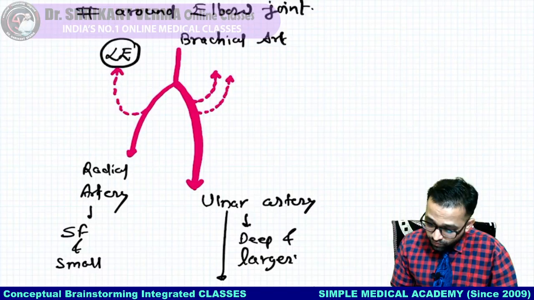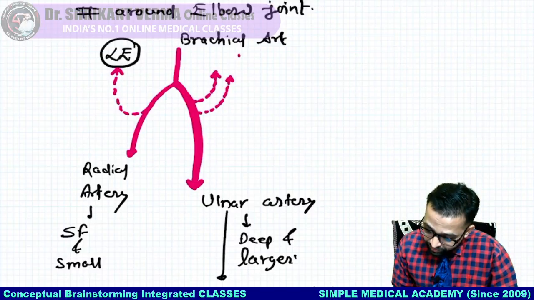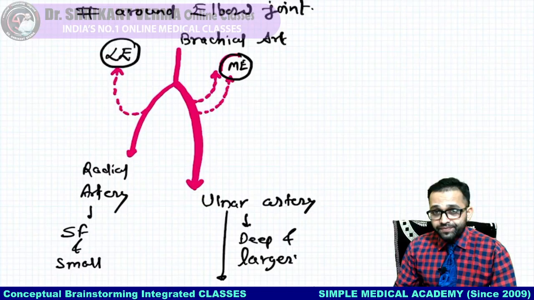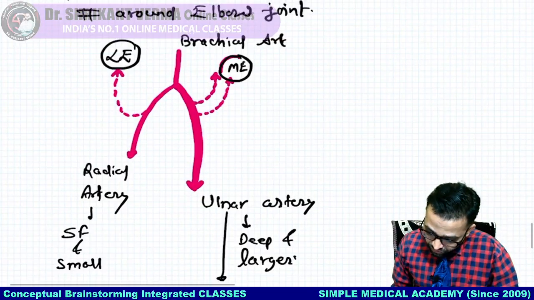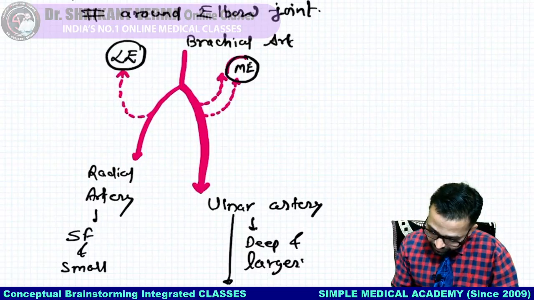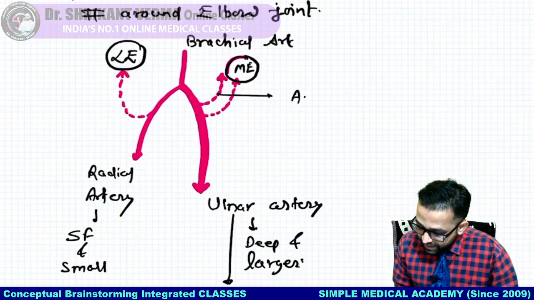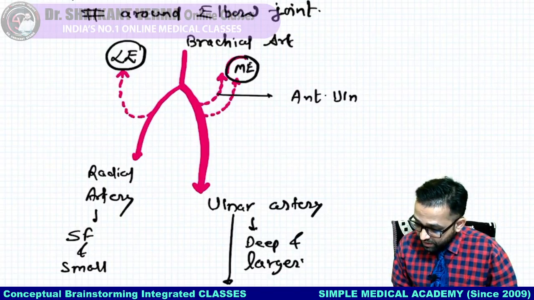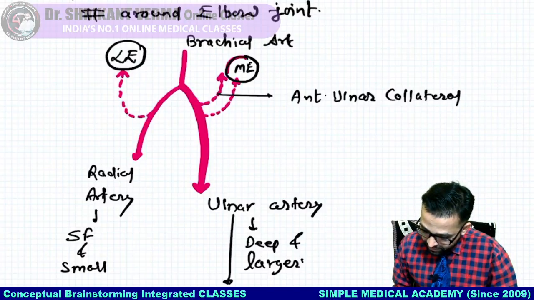Okay, so what were the names of these arteries? Do you remember? These all are participating in the anastomosis around the elbow, medial epicondyle. Okay, so try to remember. This is our anterior, because it is running on the anterior side, it is coming from the ulna, that's why ulnar collateral.